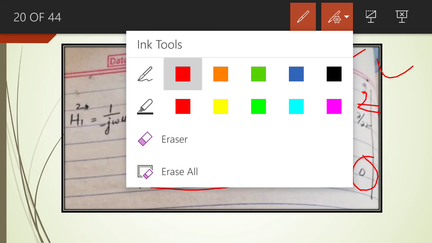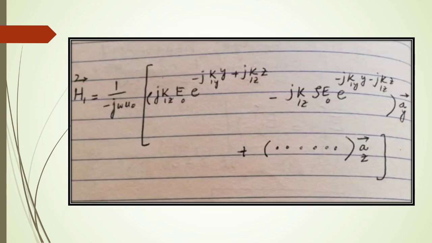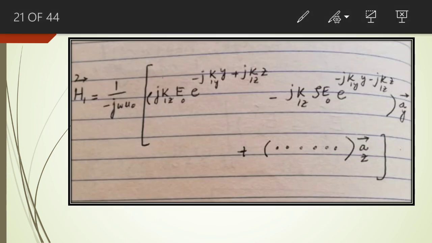So what we do, we expand this determinant. The expansion of this determinant will give you two components. So you see, if we expand the determinant on the previous slide, we get two components.